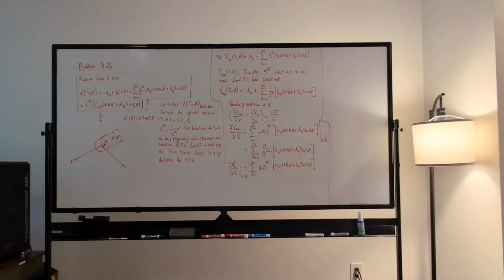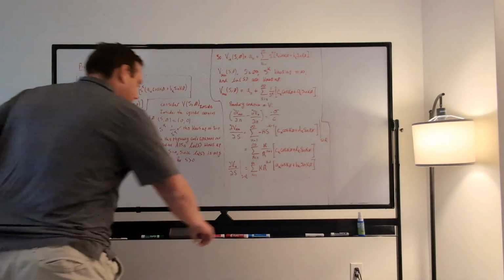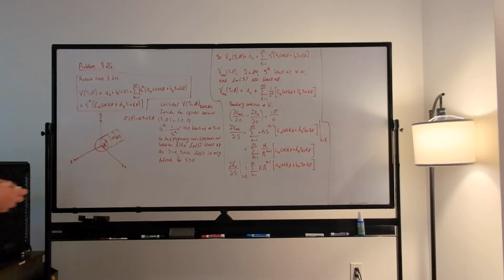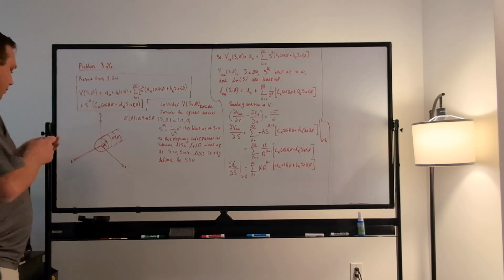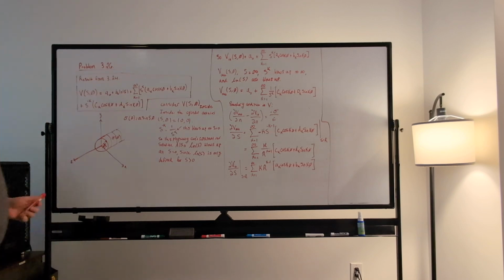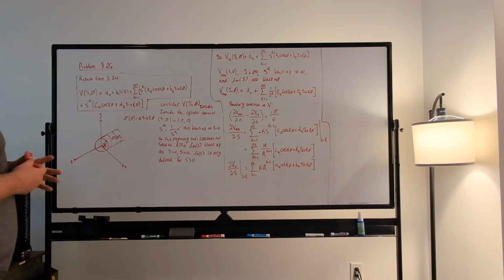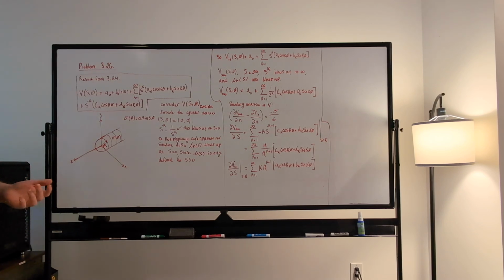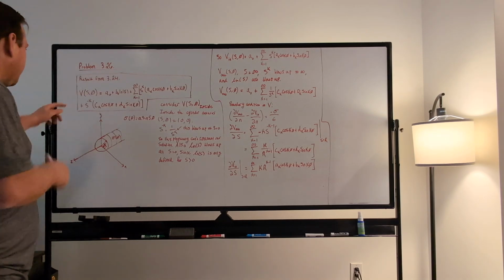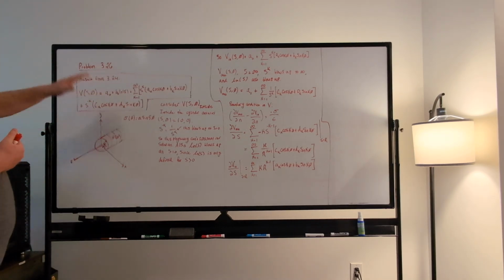All right, so let's jump in. We need to use our result from problem 3.24, which I've written here. It's essentially solving Laplace's equation in cylindrical coordinates, where there's no z dependence.